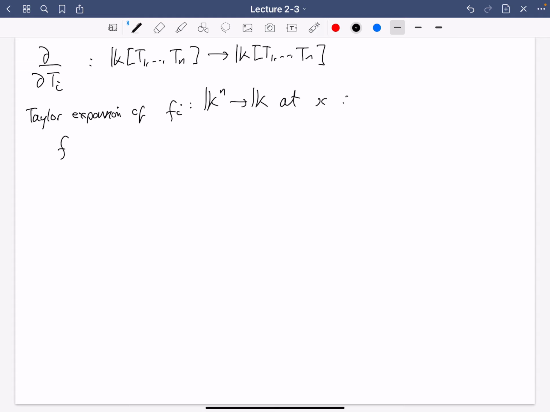That Taylor expansion tells you what f_i(x + tv) looks like. It's f_i(x), which is just 0. And then the linear term is t times the sum from j equals 1 to n of the partial derivative df_i/dt_j evaluated at x times v_j. So that's the linear term. And then there'll be a quadratic term and so on.